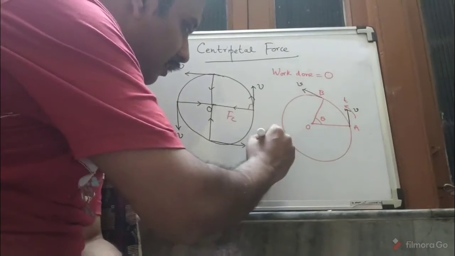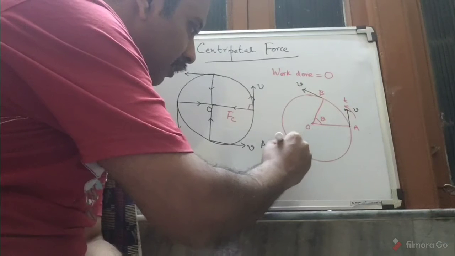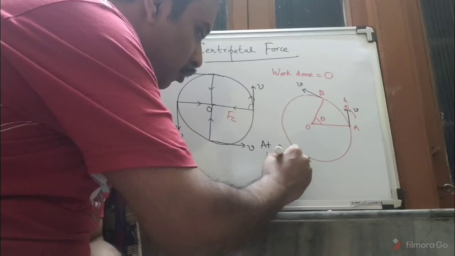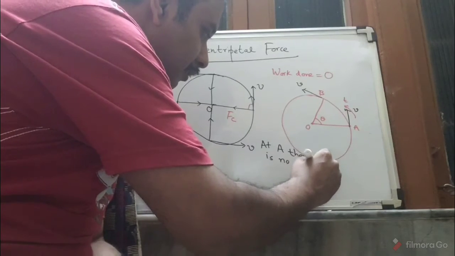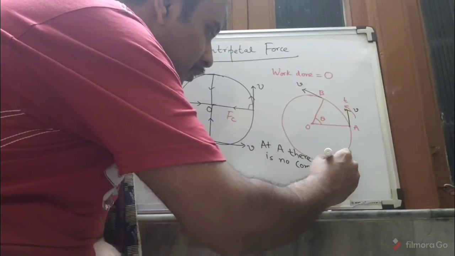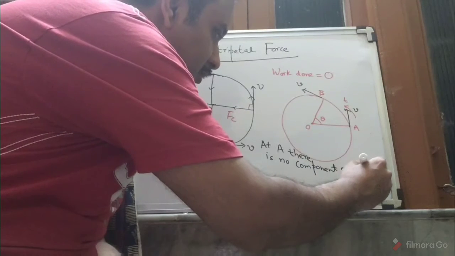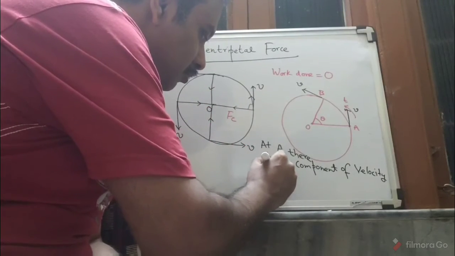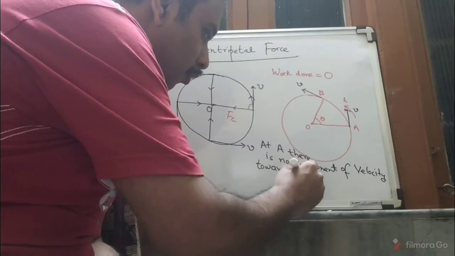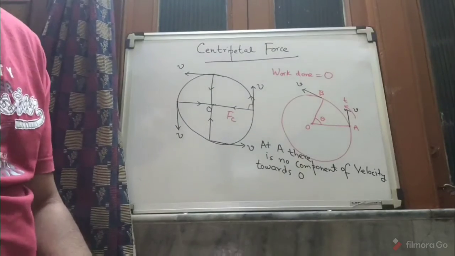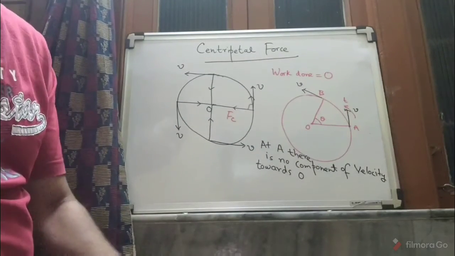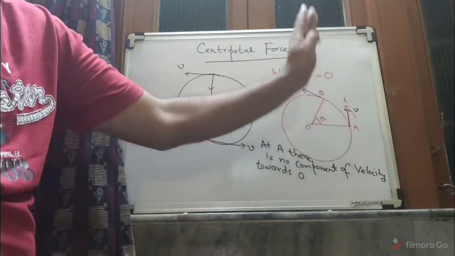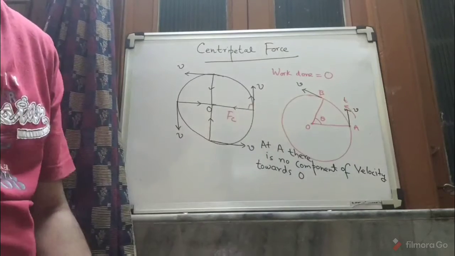That is, at A there is no component of velocity towards O. Only the component perpendicular to the radius OA is present.